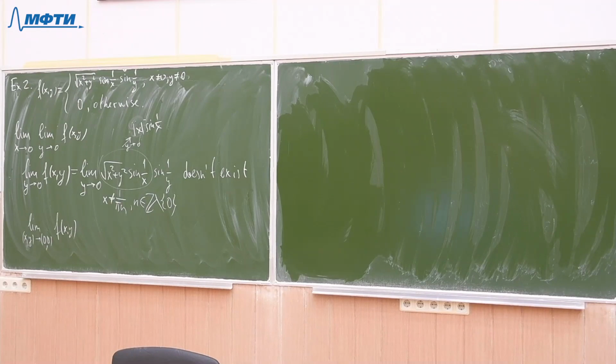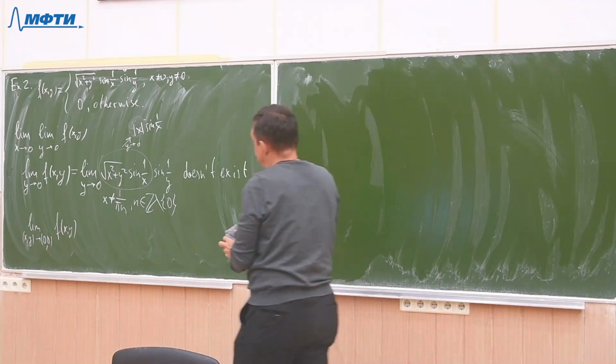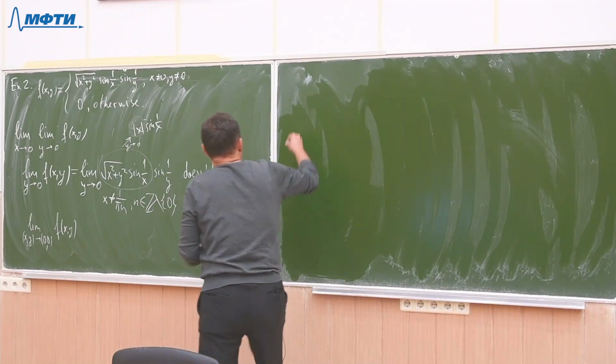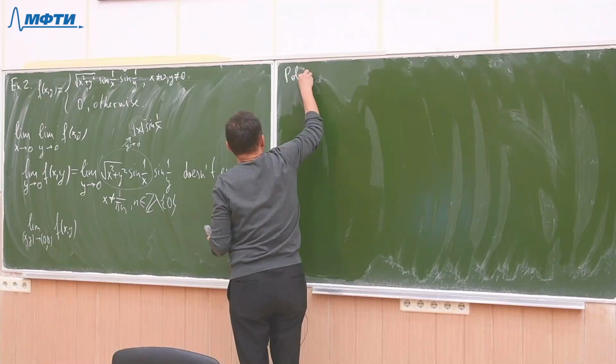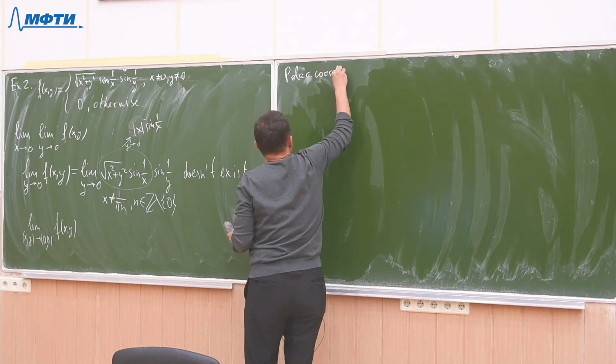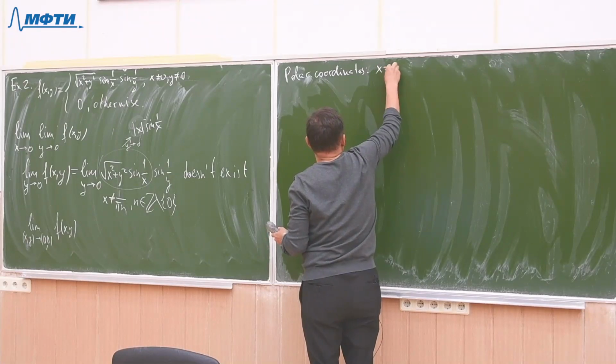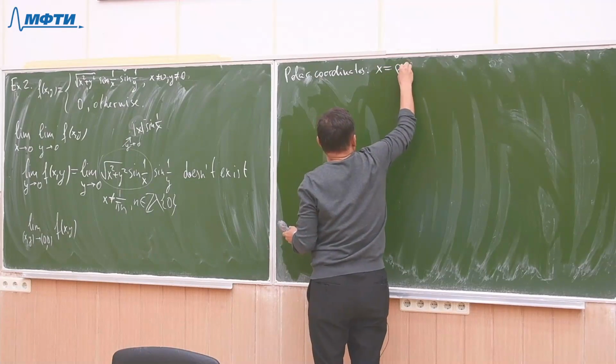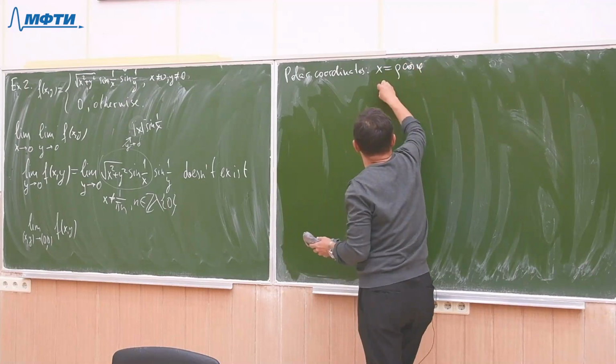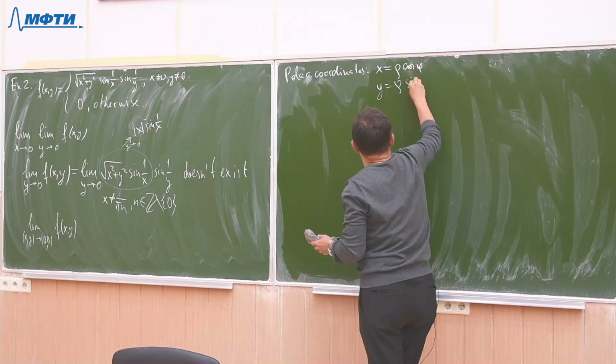What they are? Polar coordinates. So x is, let's say, rho cosine phi, y is rho sine phi.